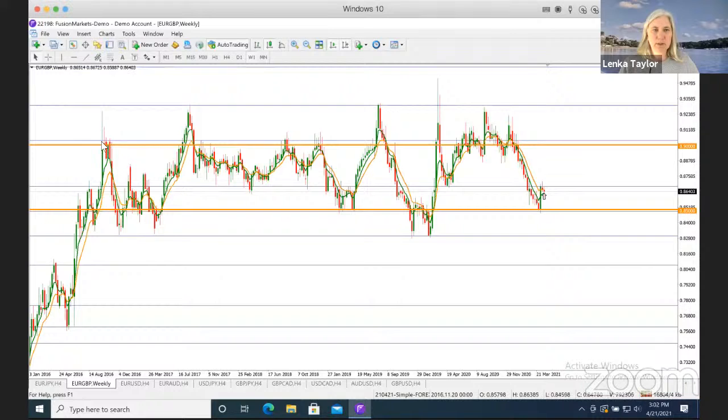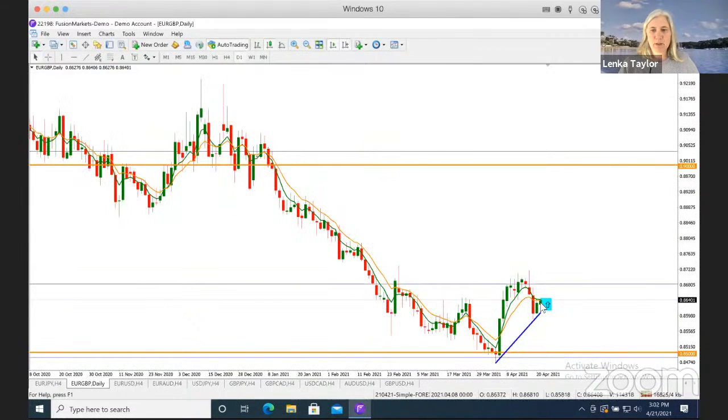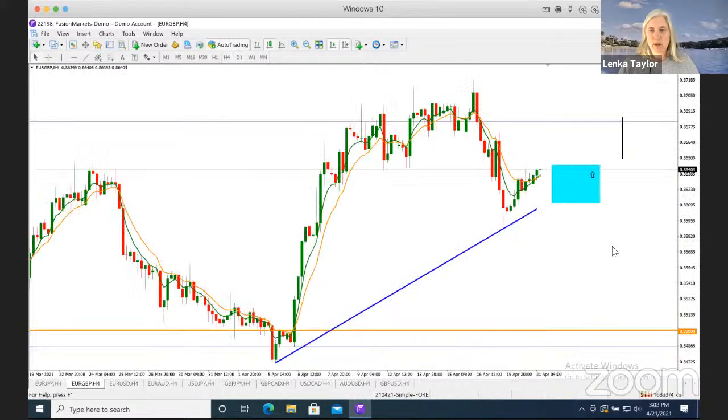You can see that it's been going in between those two horizontal support and resistance lines. So I'm looking for a long from the bottom support, just looking for that price to retrace, maybe a bit further down, or anywhere around this point. Looking for a good, strong price action for a long.